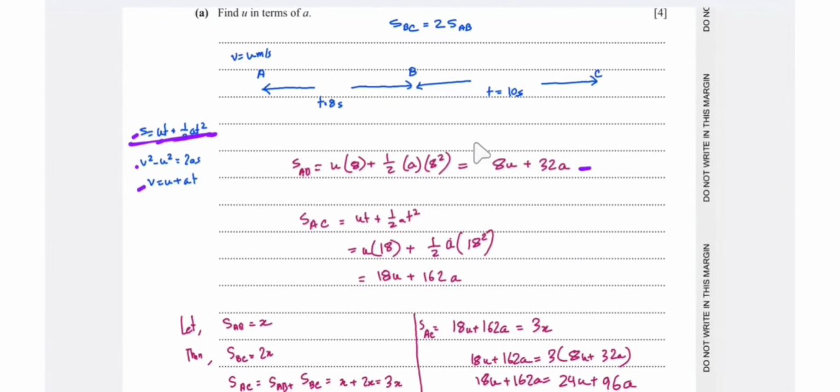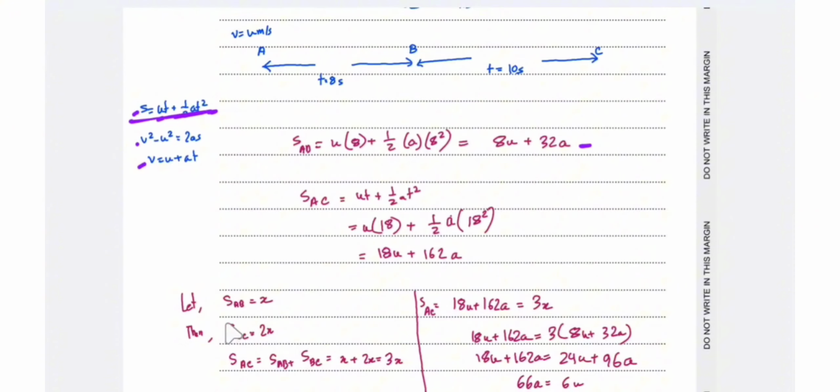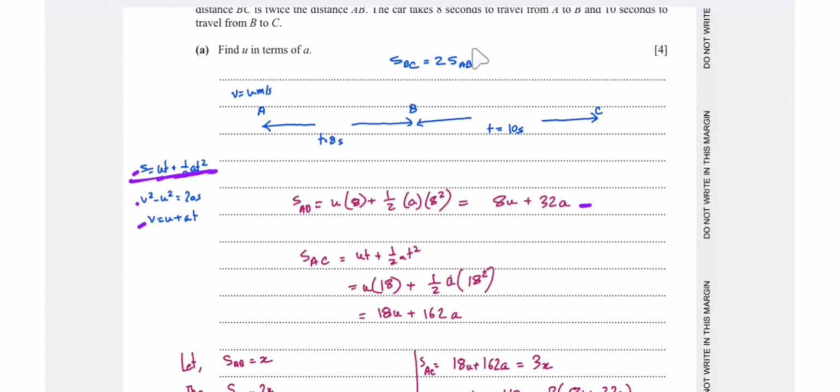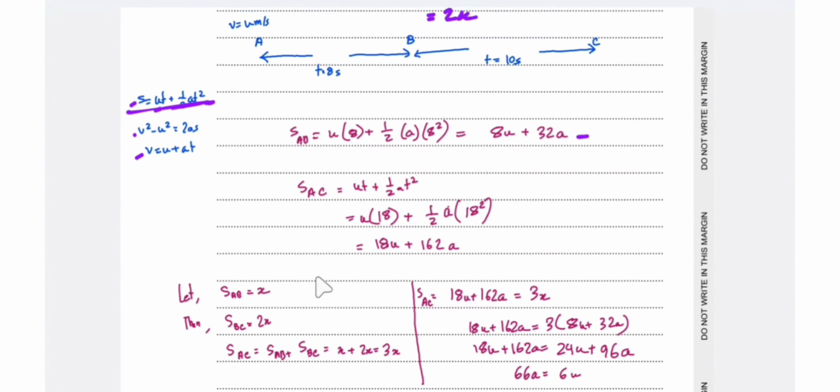Now if we consider the distance AB as x, then the distance BC would be twice x, that is 2x.